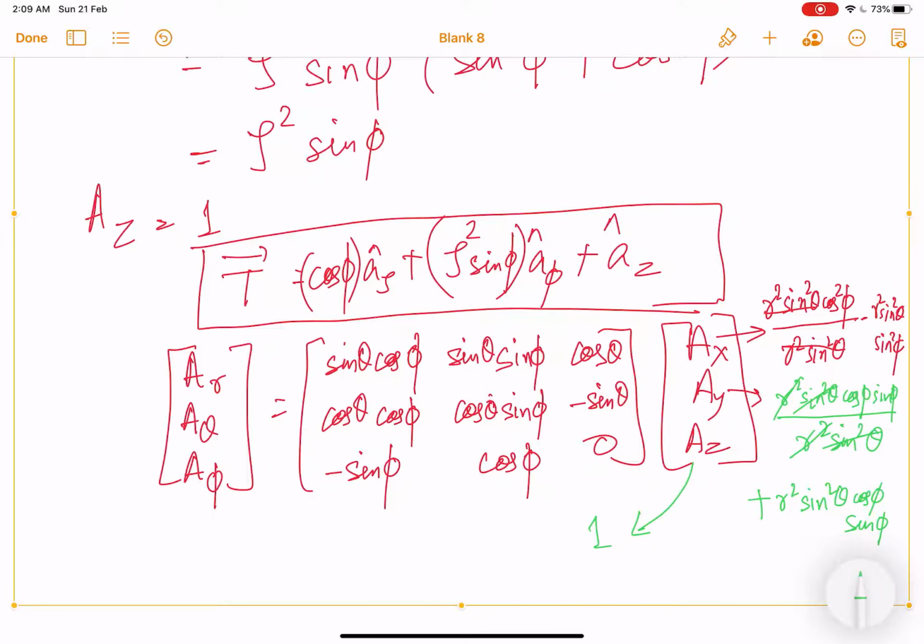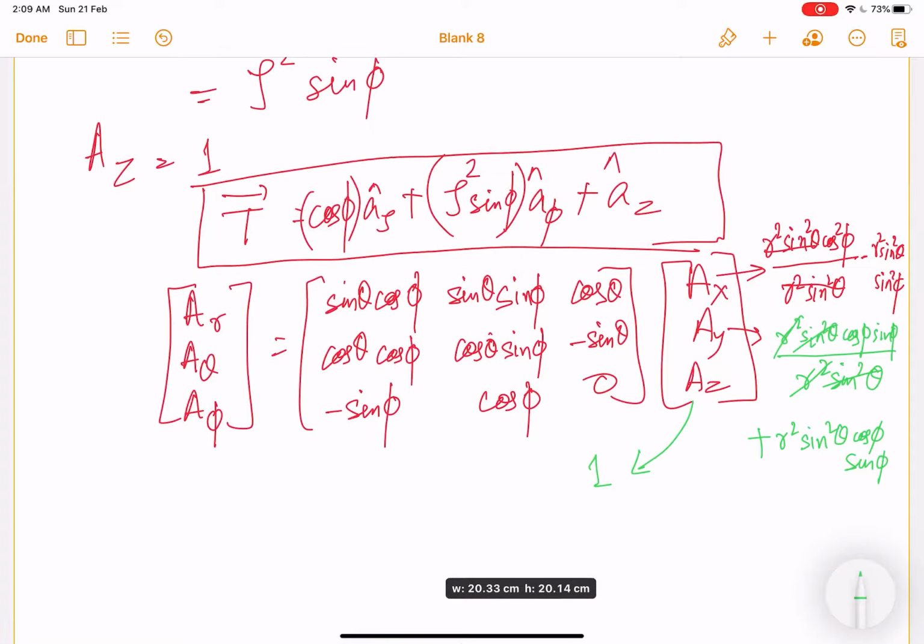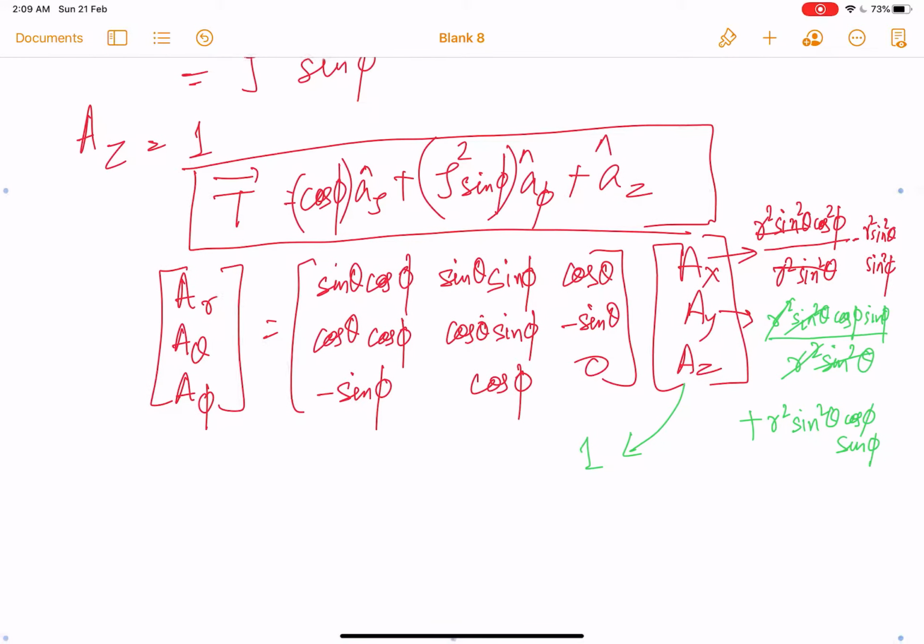This is correct. Next, if I have to move on, what shall I write?